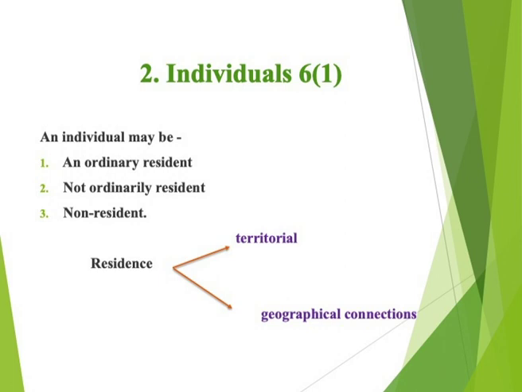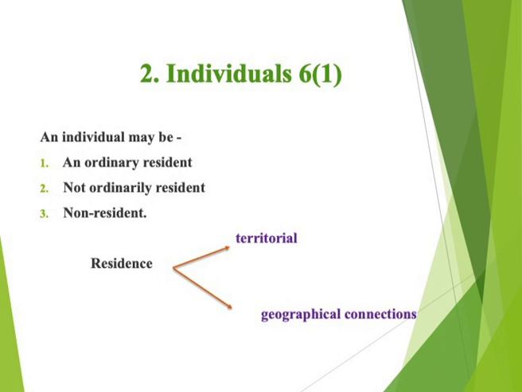That is their own burden, they have to bear it. Now, look at individuals. An individual's residential status is determined according to section 6, subsection 1. An individual may be of three types, as we have discussed: ordinary resident, not ordinary resident and non-resident.